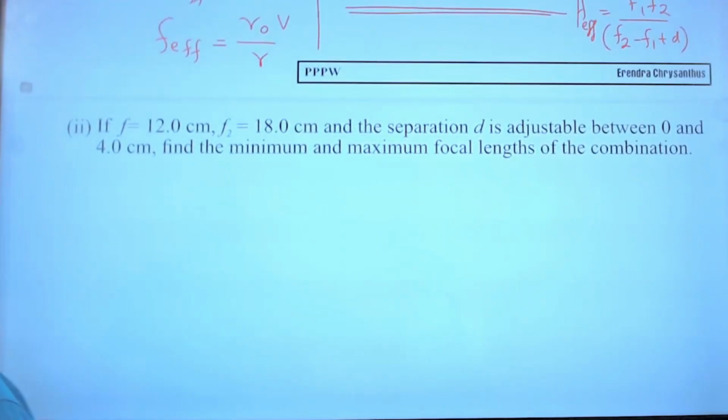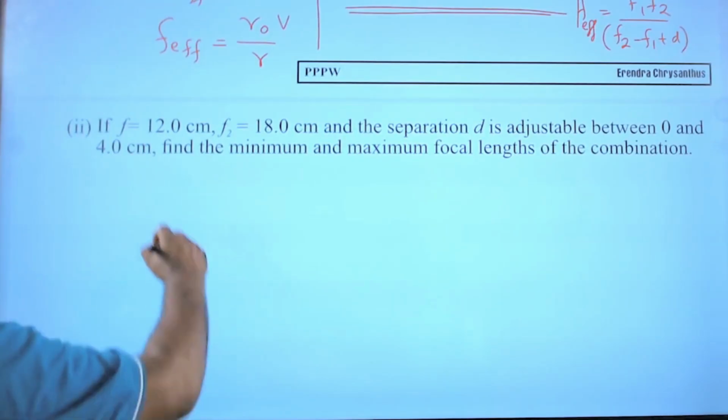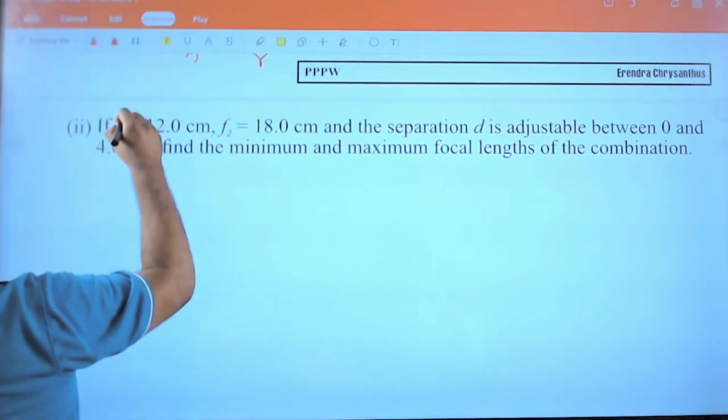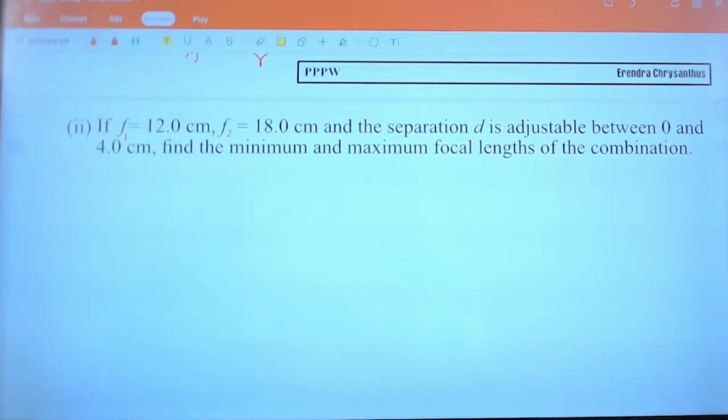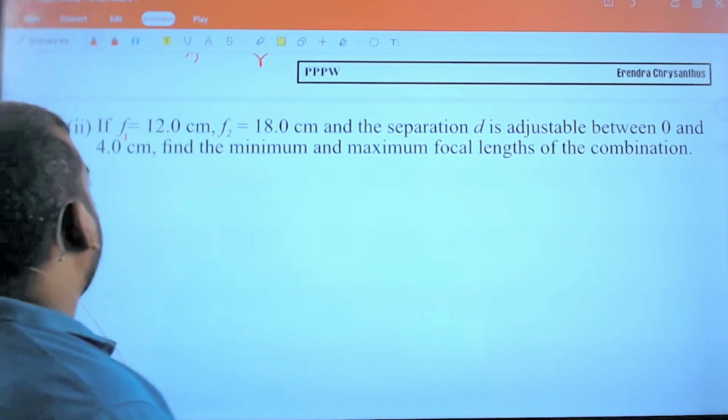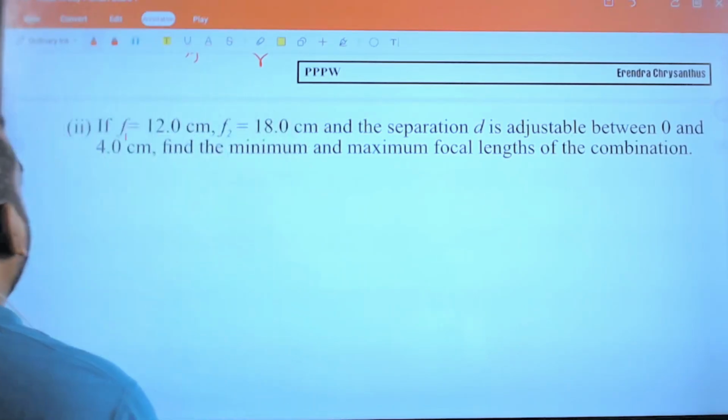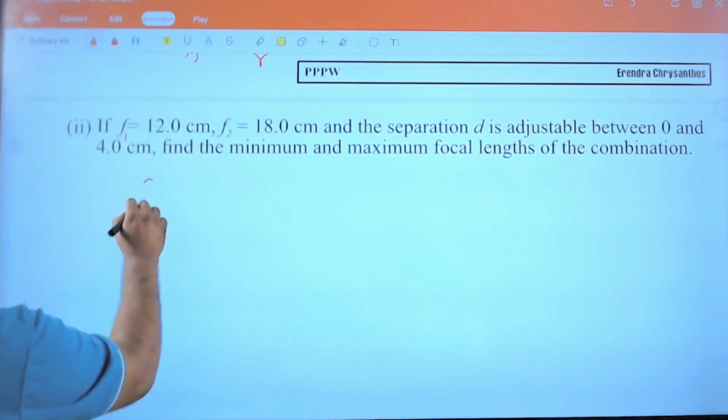Now what? If F1 is 12 centimeters, F2 is 18, separation D is adjustable between 0 and 4. Find the minimum and maximum focal lengths.